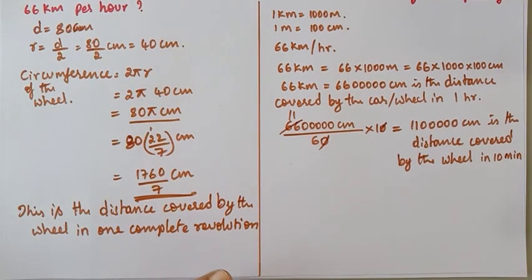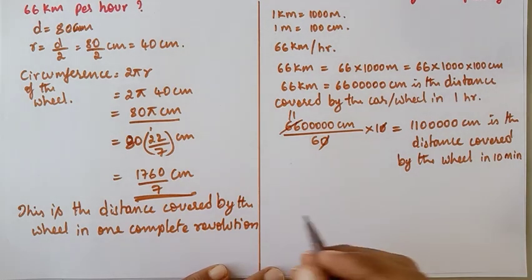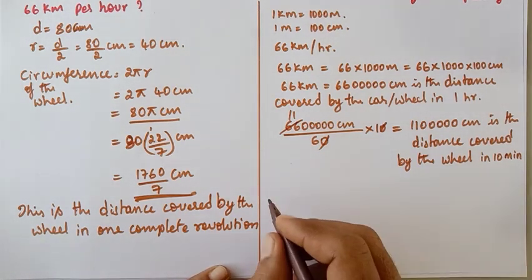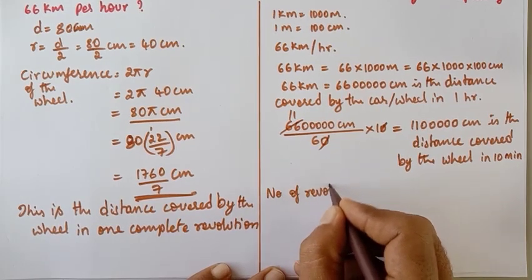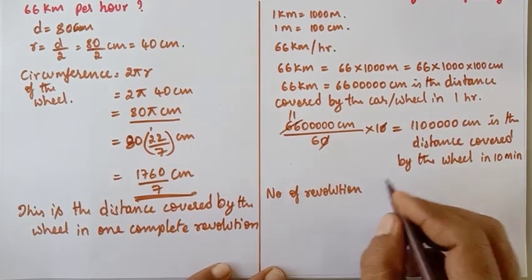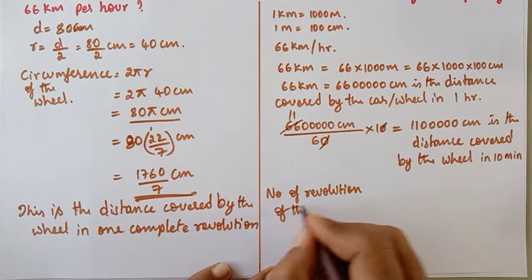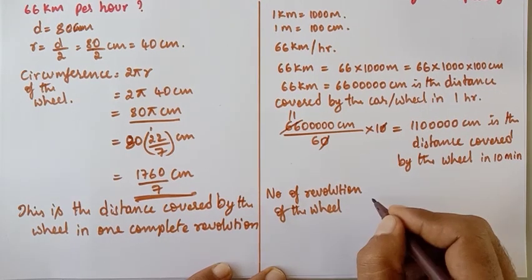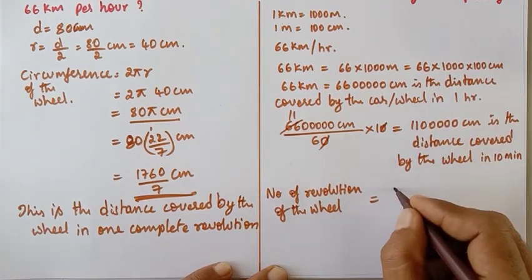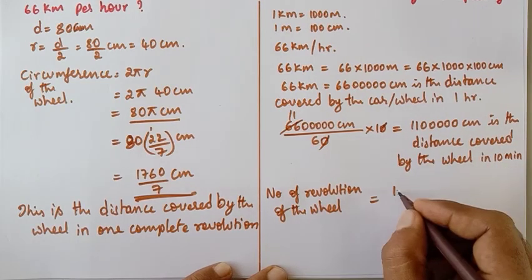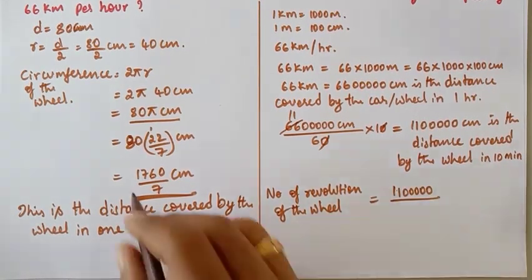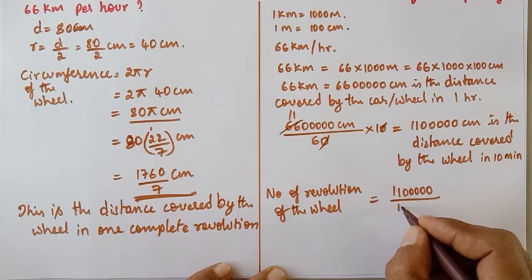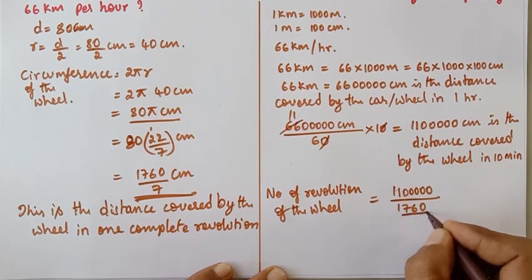How many revolutions does our wheel make? So to calculate that, the number of revolutions of the wheel can be calculated by dividing the distance traveled by the wheel by the circumference of the wheel.